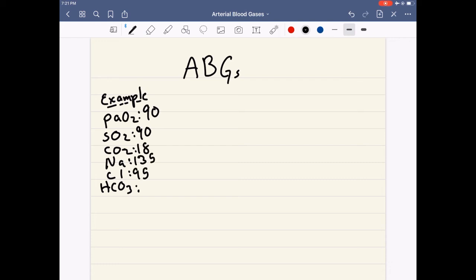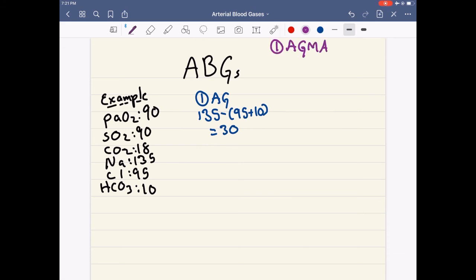So let's start with the PaO2 of 90, and SO2 of 90, a CO2 of 18, a sodium of 135, a chloride of 95, and a bicarb of 10. First thing that we're going to want to do is calculate an anion gap. So 135 minus 95 plus 10 gives us around an anion gap of 30. Okay, so based off of that alone, we know the first thing going on with this patient is that they have an anion gap metabolic acidosis.